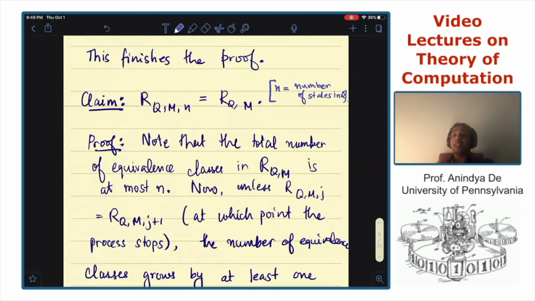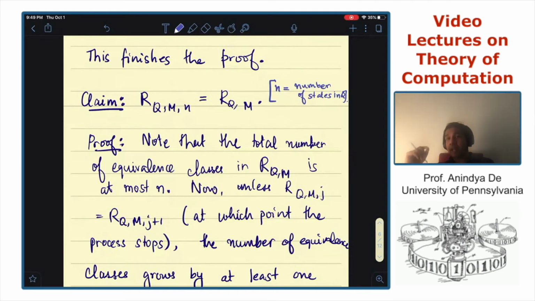So this means that as you go from R_{Q,M,0} to R_{Q,M,1} to R_{Q,M,2}, and so on, either within the first n steps at some point two successive equivalence relations are the same, and then you know that there is nothing more up the hierarchy, or each time a new equivalence class is created, but since you cannot have more than n equivalence classes, this thing must terminate by R_{Q,M,n}. So in either case, by R_{Q,M,n}, the process has certainly stopped.